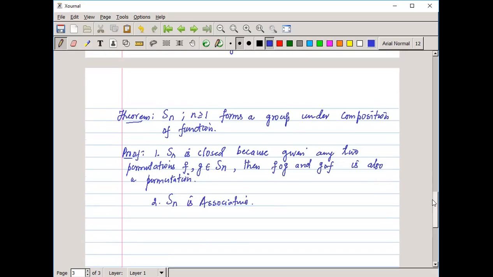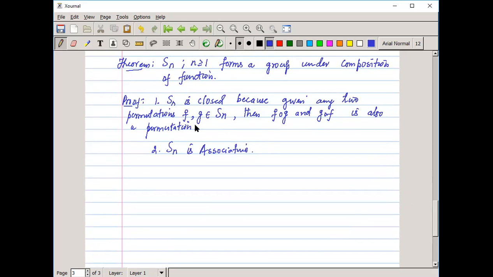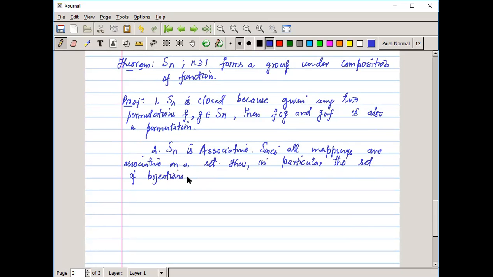And the associativity of Sn comes from the associativity of the set of all mappings that can be defined on the set X. So we write the conclusion like this: since all mappings or functions are associative on a set X, thus in particular the set of bijections is associative. So therefore the set Sn is also associative.